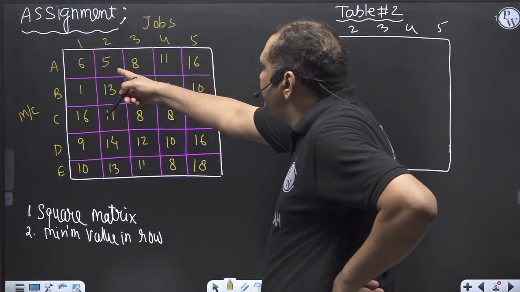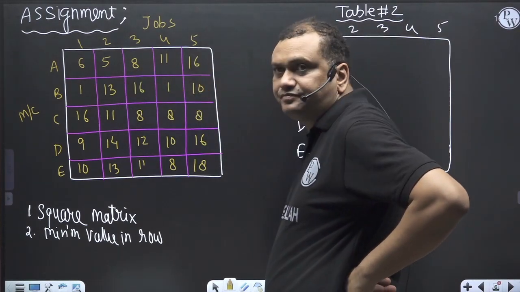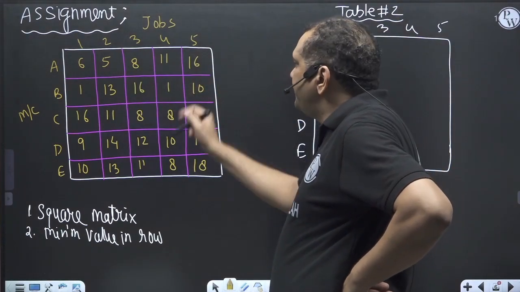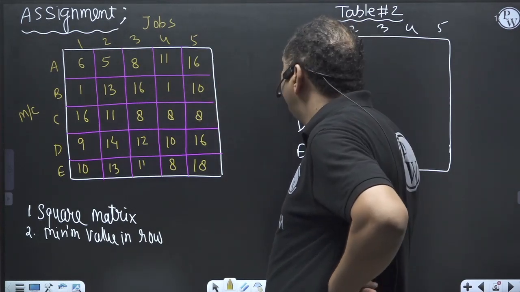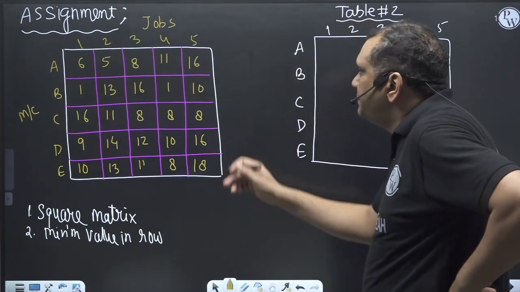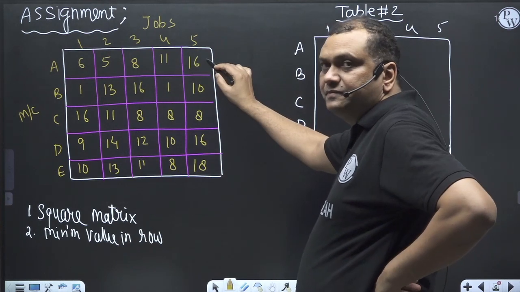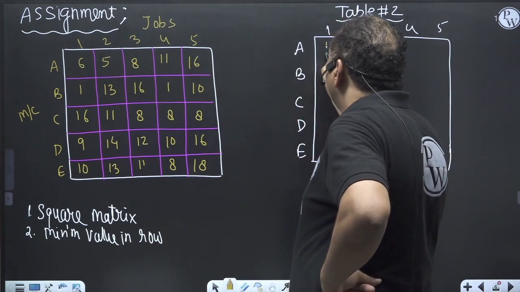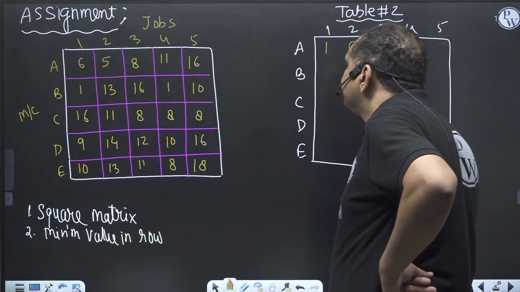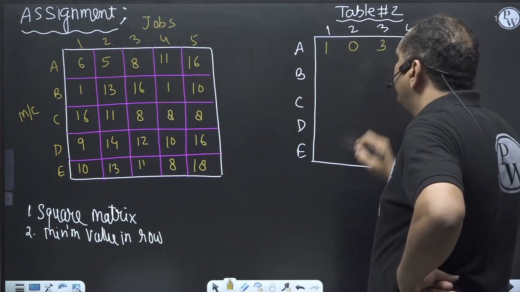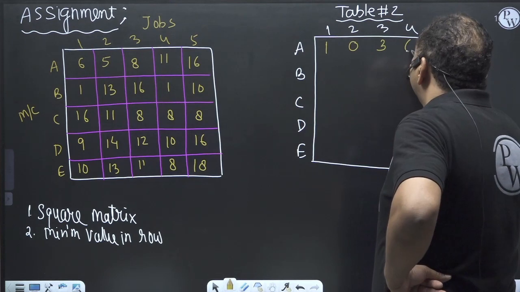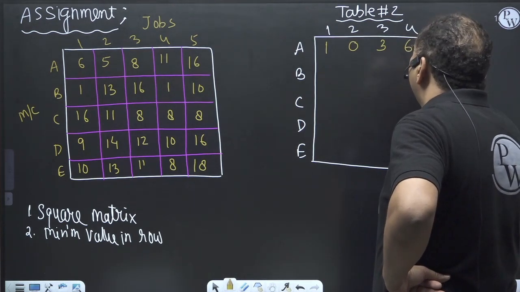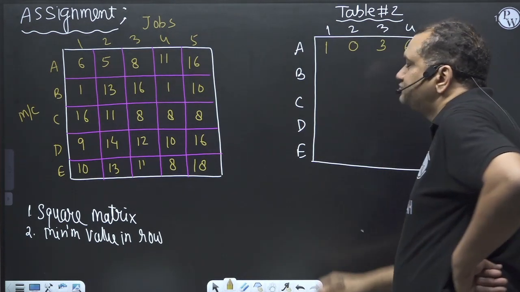The minimum value here is how much? 5. In the first row, the minimum value is 5. So subtract 5 from the first row: 1, 0, 3, 6, 11.